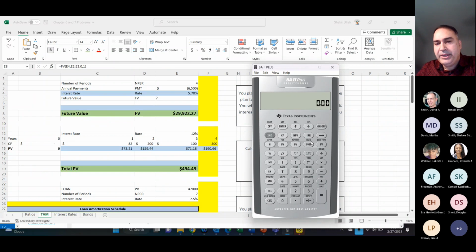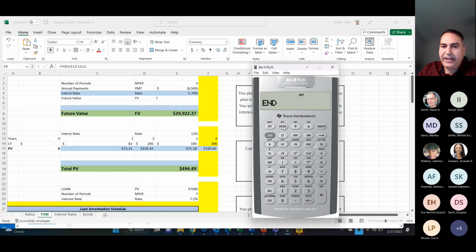Now, how do we do that? Because this is the second function of the PMT button, I click the second function button and then the PMT, which in this case works as the second function. Then it asks me to press the set button as well, so that it can set it to the begin mode. But that set button is right here.